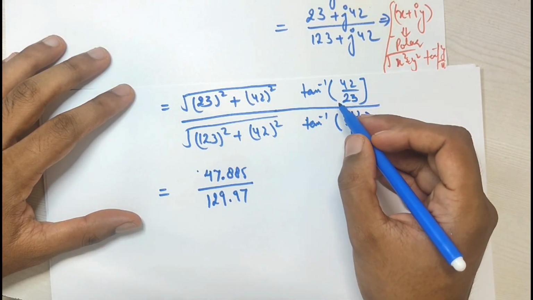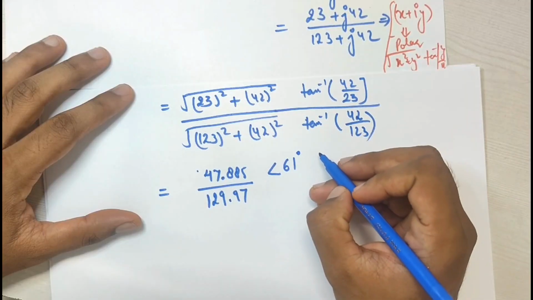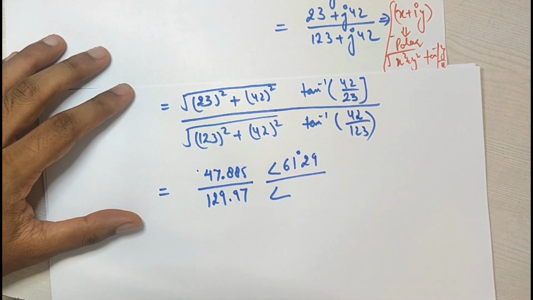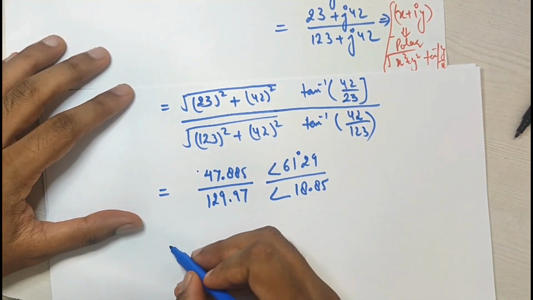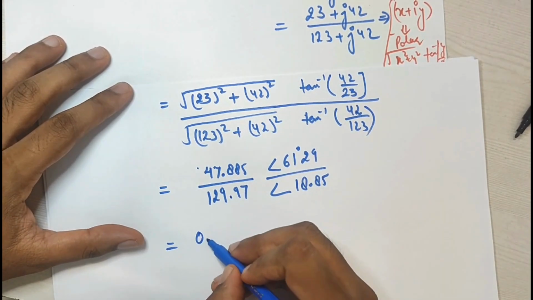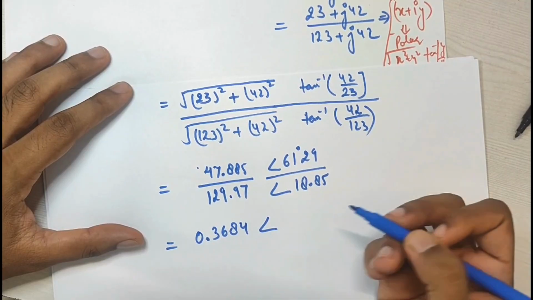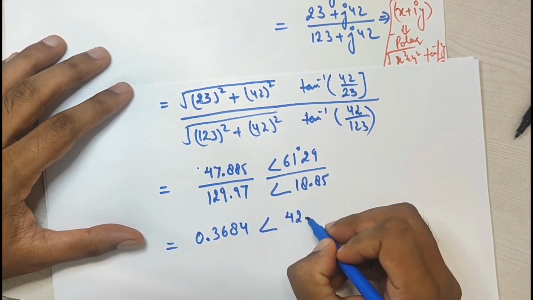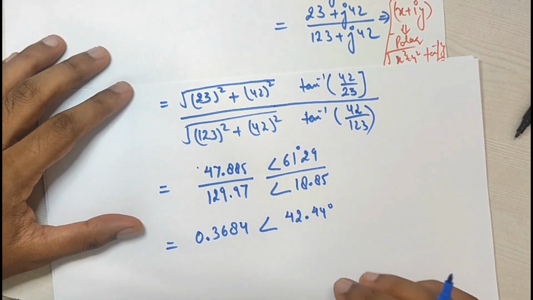The value of this is coming as 61.29 upon 18.85. The value of this is coming as 0.3684 with angle, if you subtract, roughly 42.44.